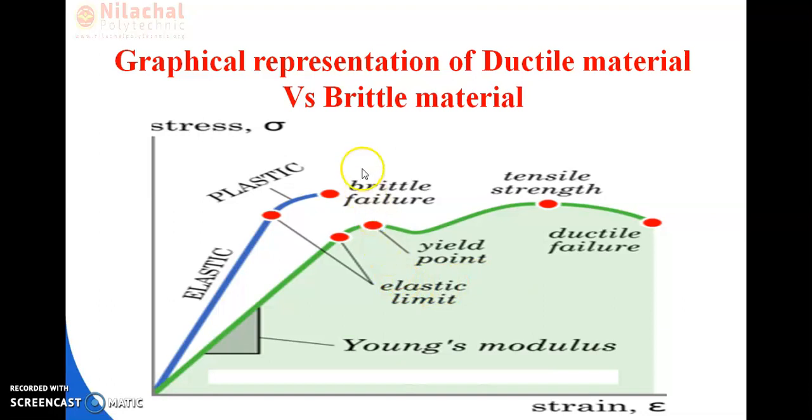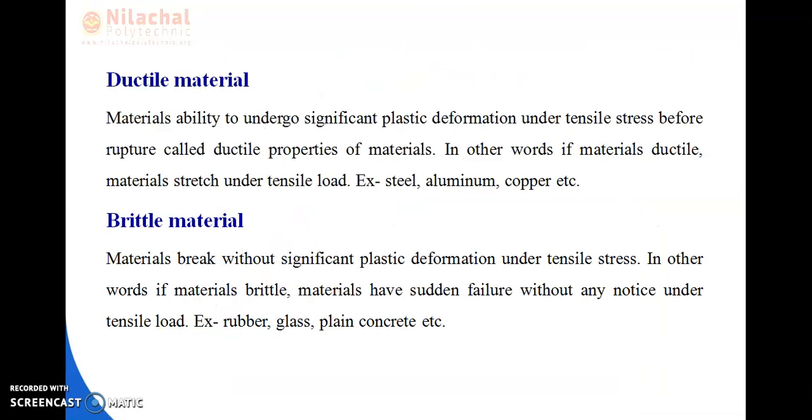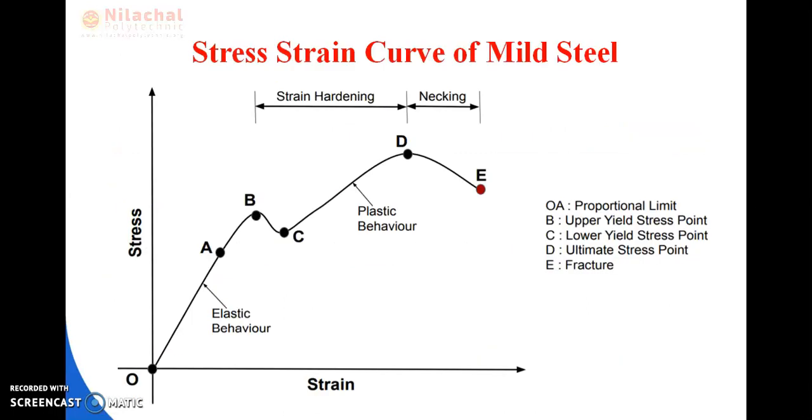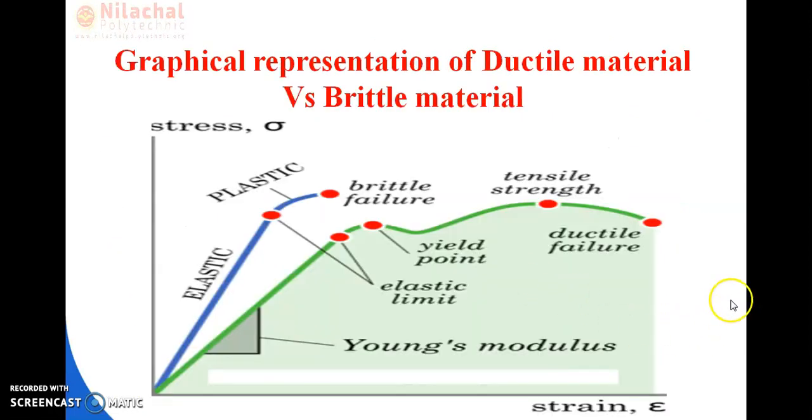From the yield point to the tensile strength, this region is known as the strain hardening region, and from the ultimate strength point to the breaking point, this region is known as necking. Okay, this is the difference between brittle and ductile material with a graphical representation.